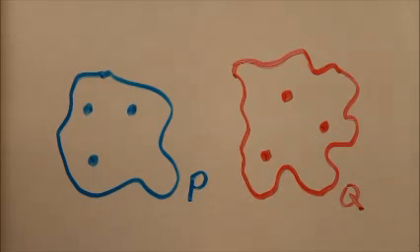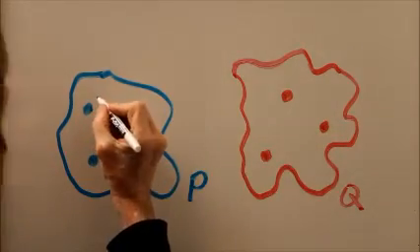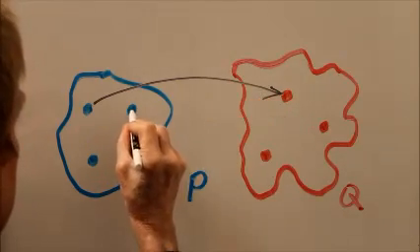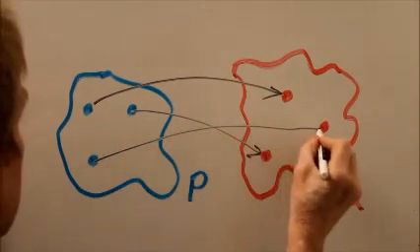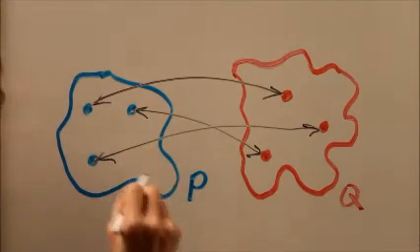Let's suppose that we have two sets and we can map, that is, assign elements from one set to the other in an exact one-to-one correspondence.